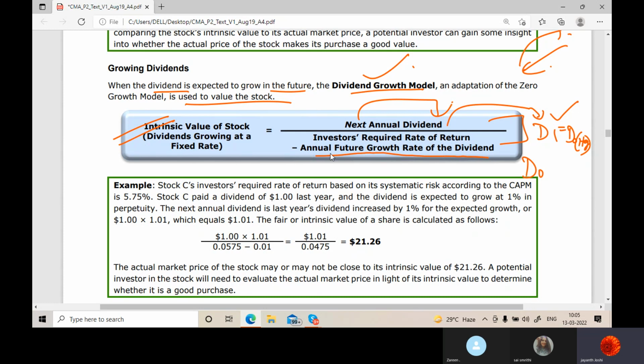So why are you subtracting this annual future growth rate of the dividend? In the numerator you are adding the growth rate, that means you are multiplying D naught by (1 plus g). So you show that your dividends are growing.